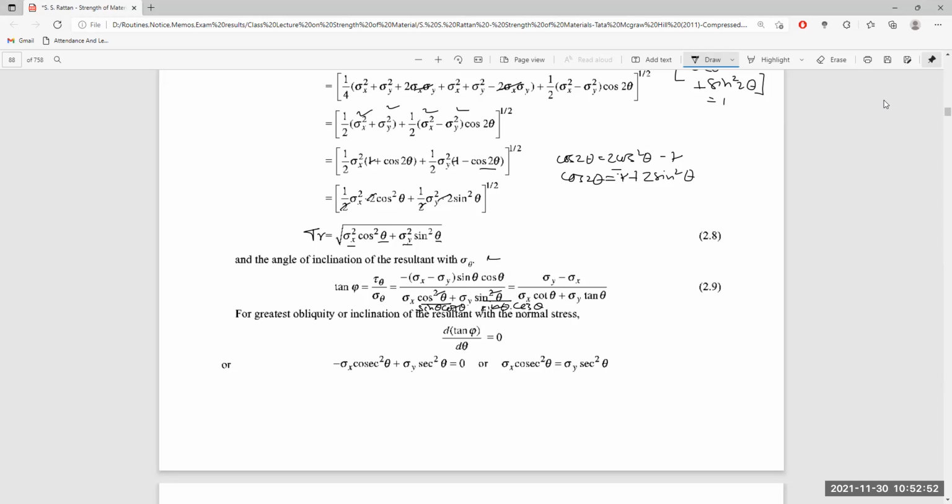For the greatest obliquity or inclination of the resultant with the normal, it will be achieved when we equate the derivative to 0.